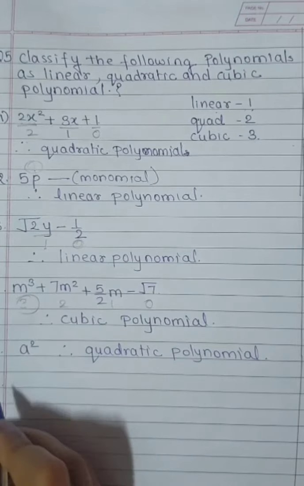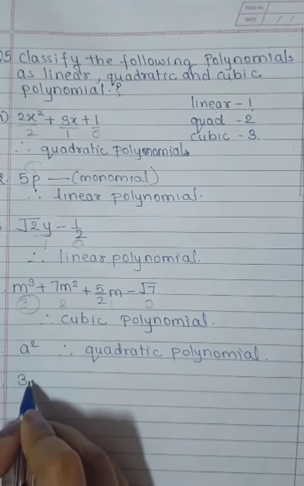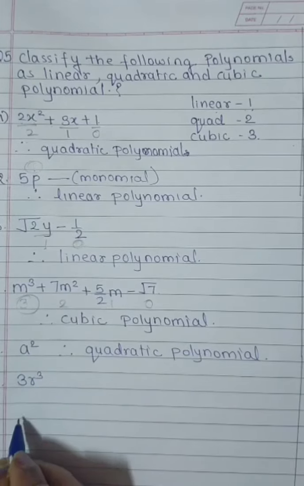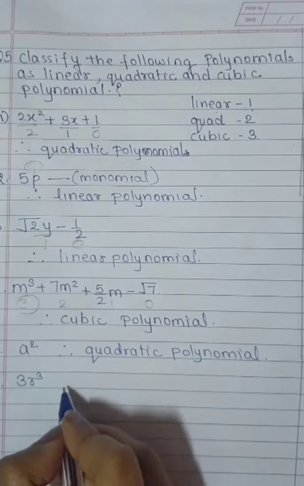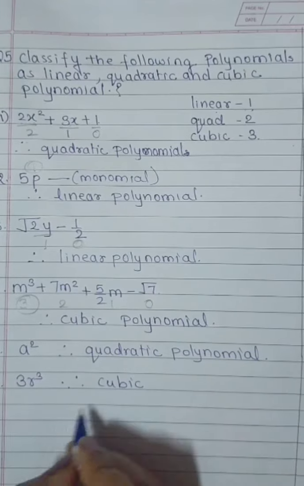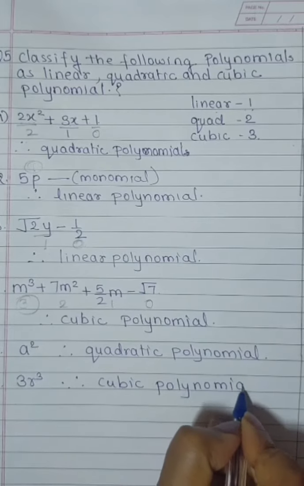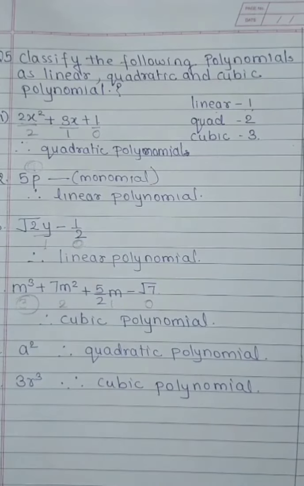Now the sixth one is 3r cube. Here the degree is cube, so therefore it is a cubic polynomial. I hope you understand what is linear, quadratic and cubic and the degree. Once you understand the degree, polynomials are very easy to understand.